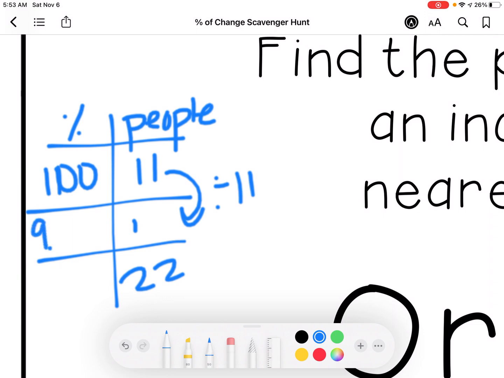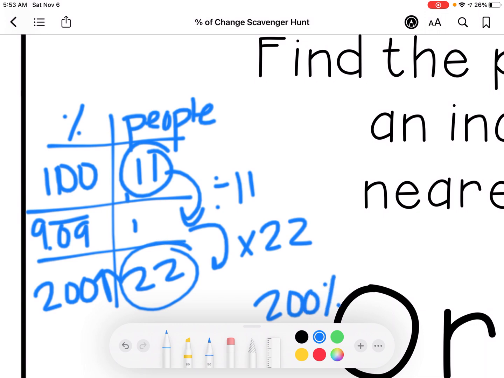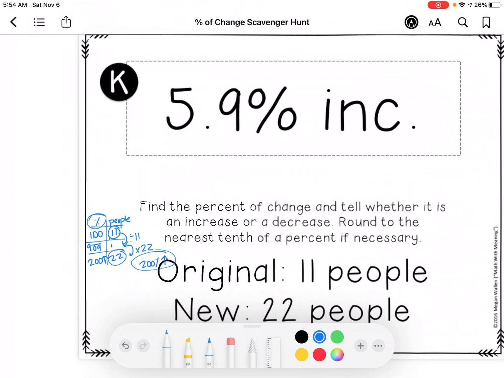I get 9.09 repeating. Just leave that in your calculator, times 22. I get a 200% increase because I'm going from 11 to 22. And I know it's percent because I'm in the percent column.